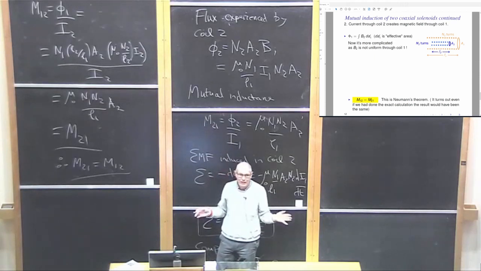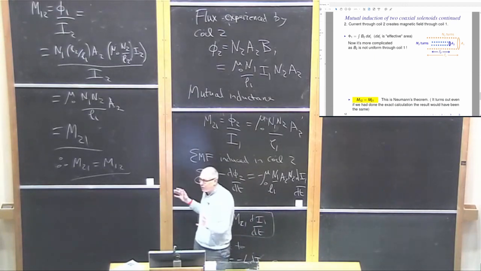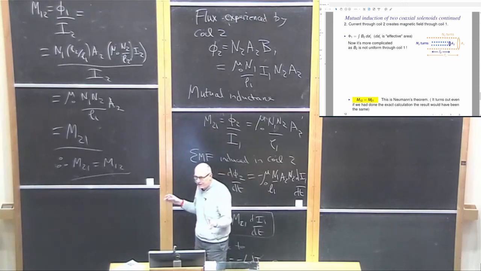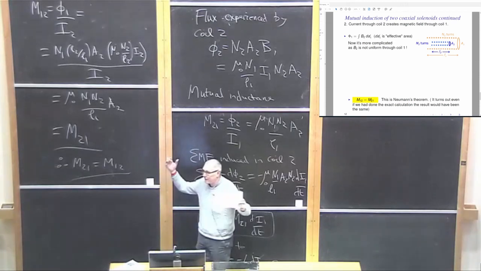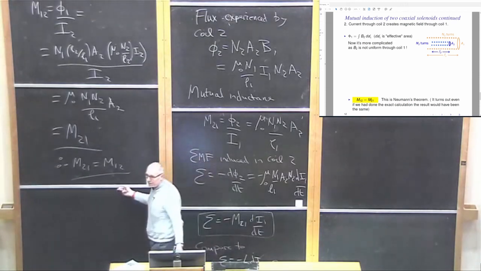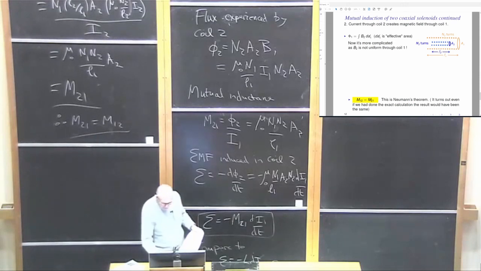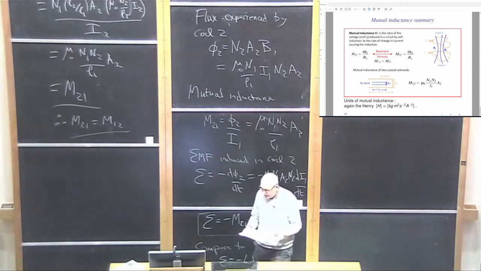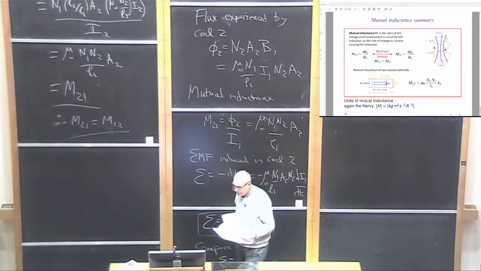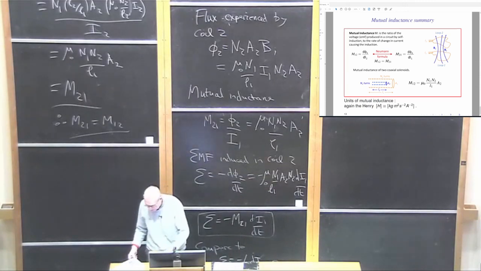I haven't done the calculation, and I don't intend to, but apparently if we do the calculation properly, the result would have been exactly the same as if we'd done the detailed integral. And there's the summary of mutual inductance. I won't repeat that, but that's the calculation I did.